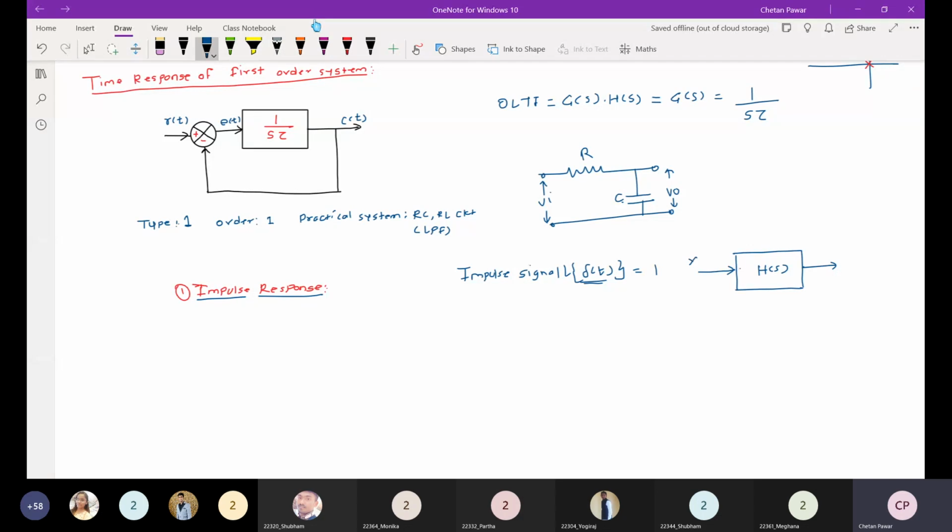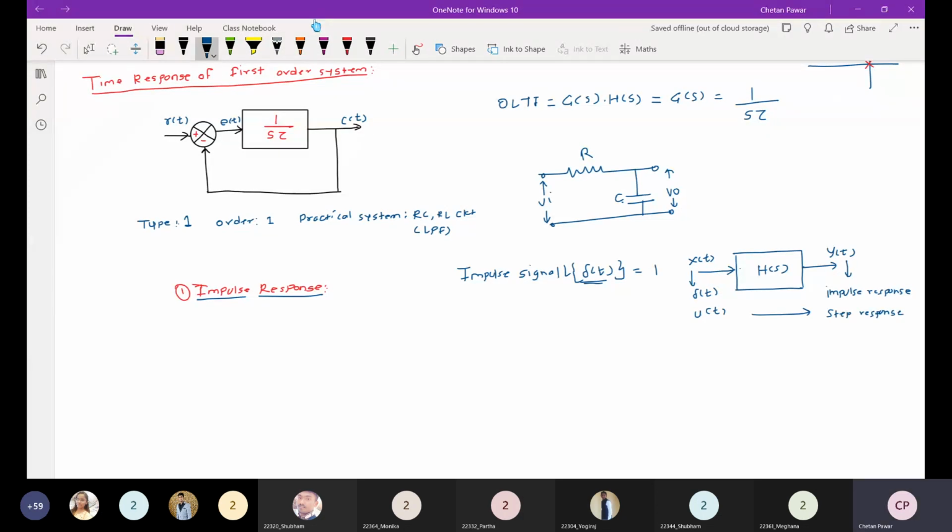If x of t is the input and y of t is the output, what is meant by impulse response? When I apply the impulse signal as an input to this system, whatever output I get is called the impulse response. When I apply the step signal to this system, whatever output I get, I call it the step response.